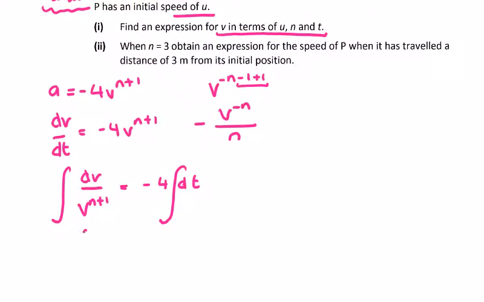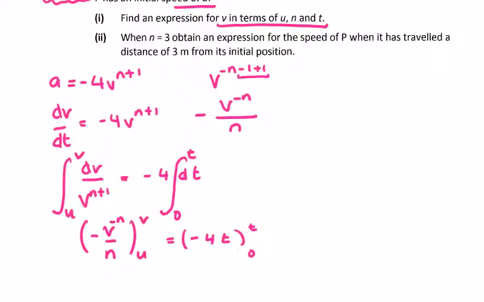So this integrates starting at u, ending at v, with time starting at 0 and going to t. We get minus v to the power of minus n over n, between u and v, equals minus 4t, integrating 1 between t and 0.